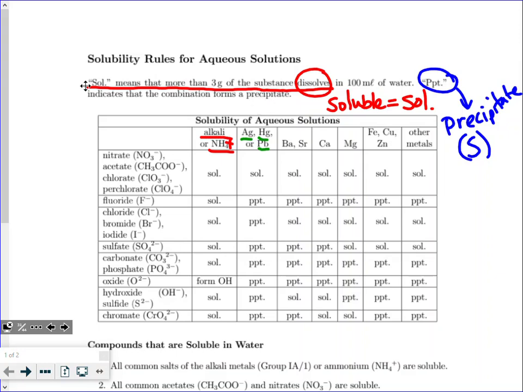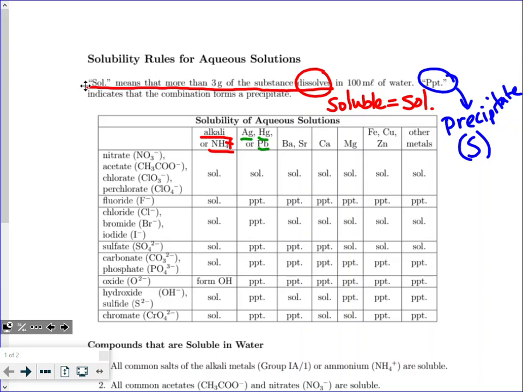They're usually exceptions. They usually form precipitates with things that you would typically think are soluble. So they are soluble with nitrate, acetate, chlorate, and perchlorate, but you start going down the rest of the group, everything else is going to be insoluble or a precipitate with silver, lead, or mercury.